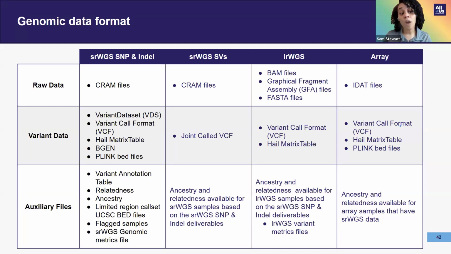If you are interested in raw data for our genomics data set, we have two forms: the CRAM and BAM files, and for array, we have IDAT files as well. A summary of our file formats can be found on the User Support Hub in an article called How the All of Us Genomic Data is Organized. It has a plethora of information about our genomic data set and what's available in each file.